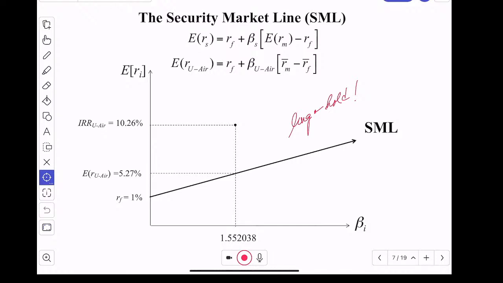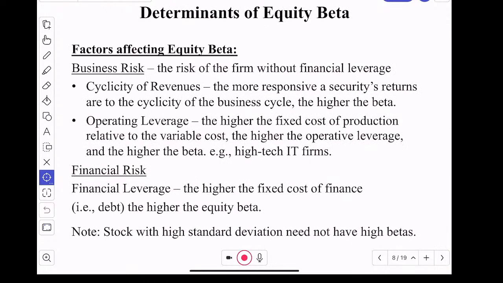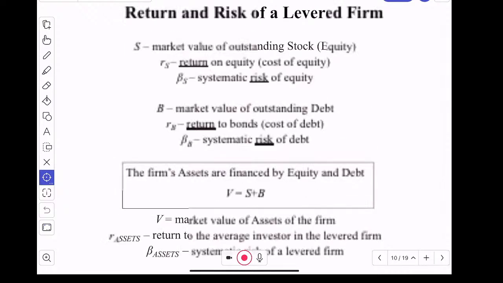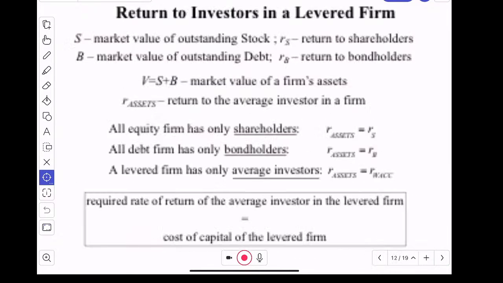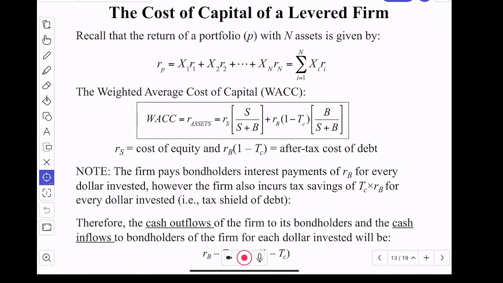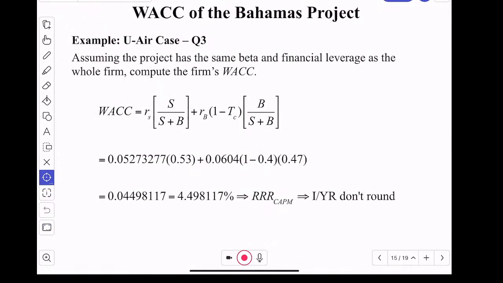I'm going to stop here because it's 10:34 and you have lots to review. I'm going to pick up here tomorrow and hopefully more people will show up and I'll summarize about using WACC. Now you should have learned about WACC in 3106.